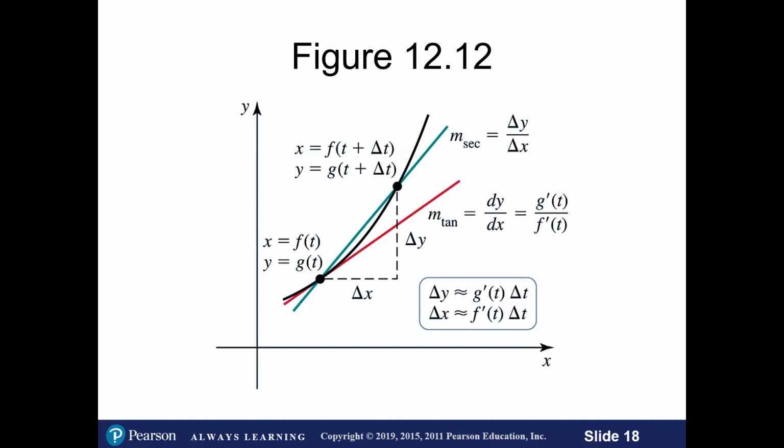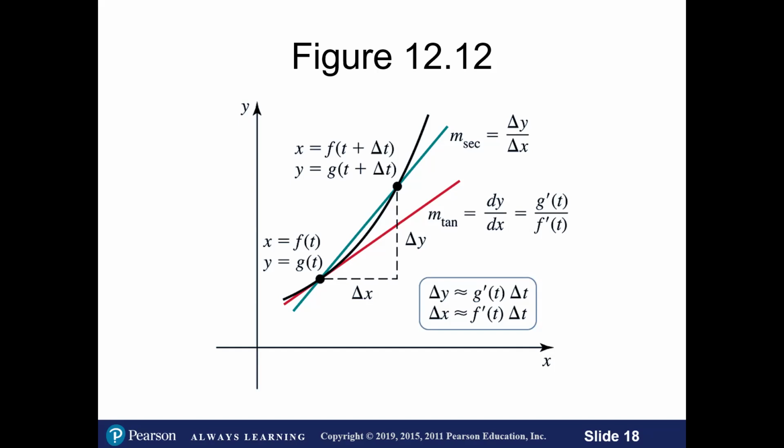And we can use the notion of linear approximation that you would have touched on in Calc 1, that says that the derivative g prime of t times delta t is approximately equal to delta y. And delta x is approximately equal to f prime of t times delta t.